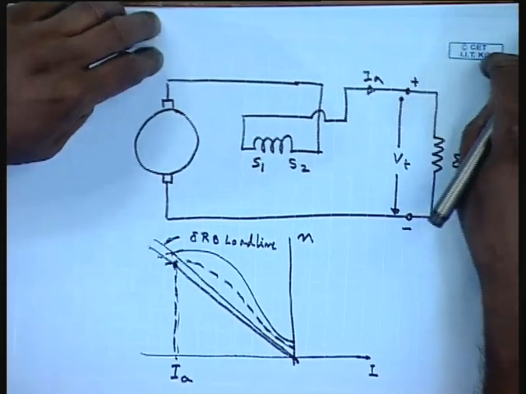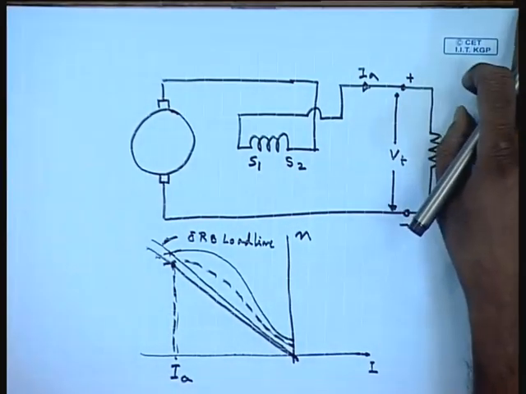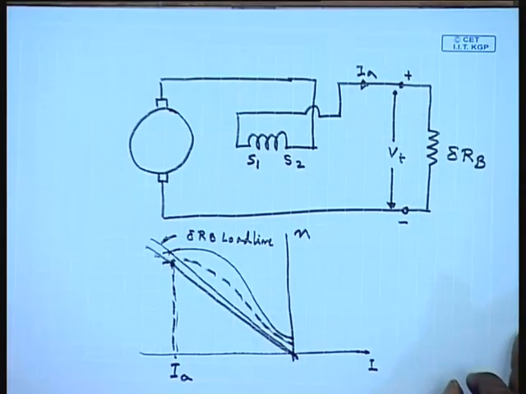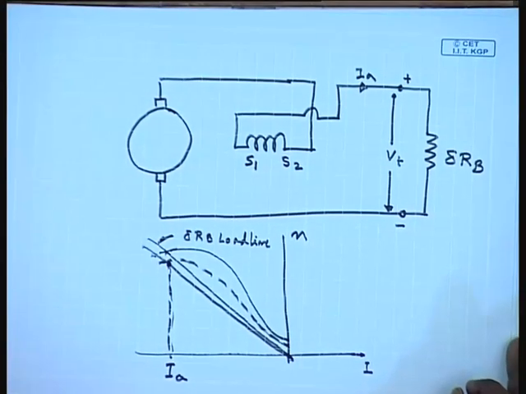So, with a chopper it is possible to maintain a constant braking current during dynamic braking.